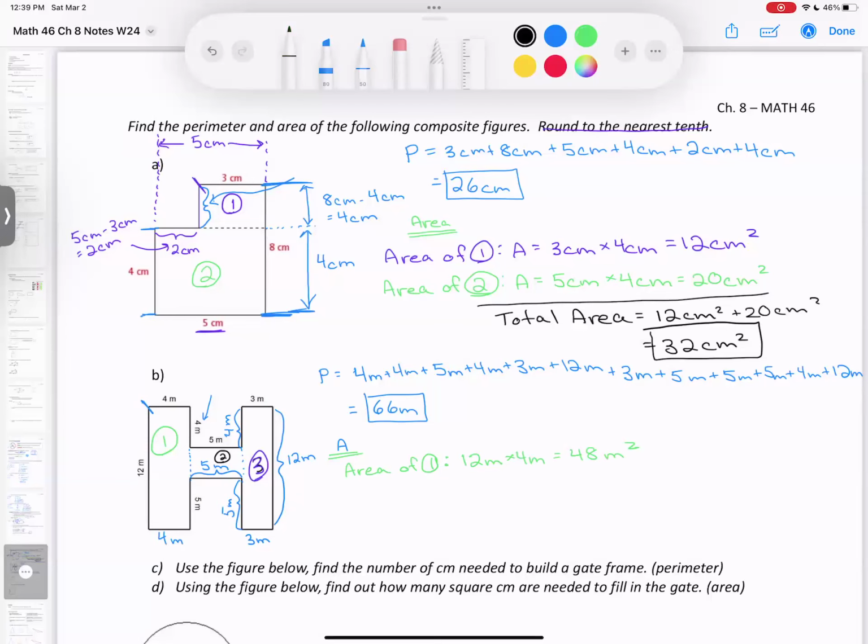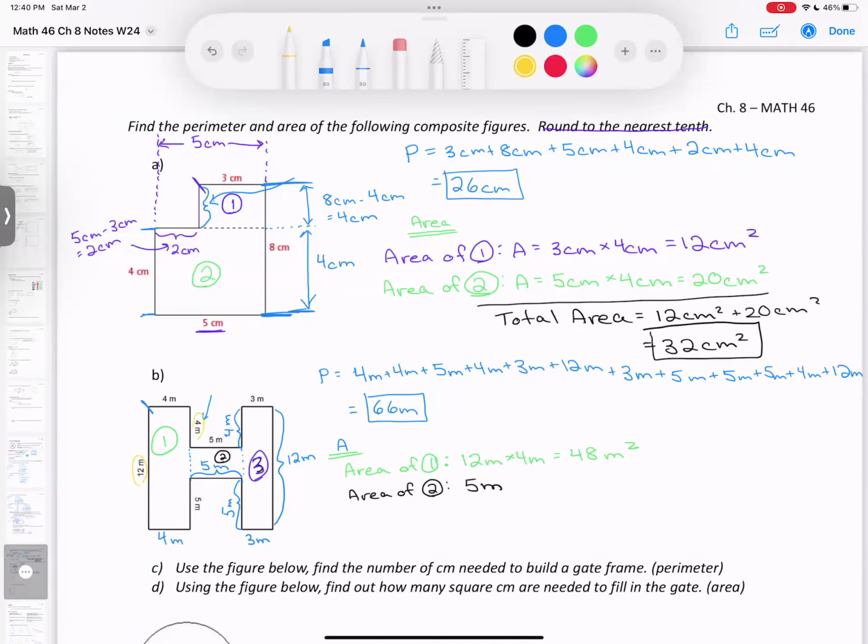The second one is going to be, again, length times width. Ooh, we don't have a width here for this yet, do we? We know it's 5 meters long. What's the width there? So take a look at the information you know. And what we know is the overall length here is 12 meters.